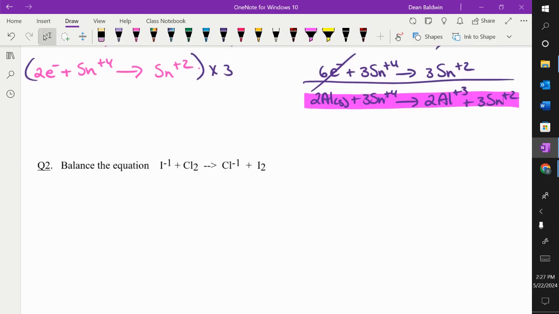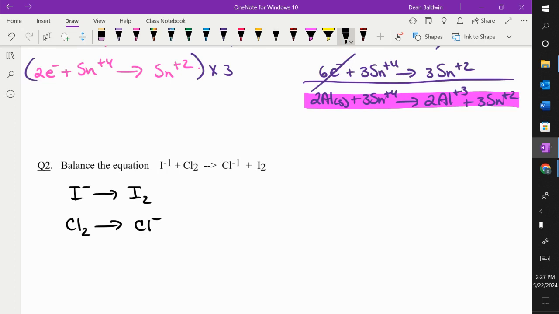Okay, next one. I minus plus chlorine gas goes to Cl minus plus I2. So write the two half reactions. I minus goes to I2, Cl2 goes to Cl minus.